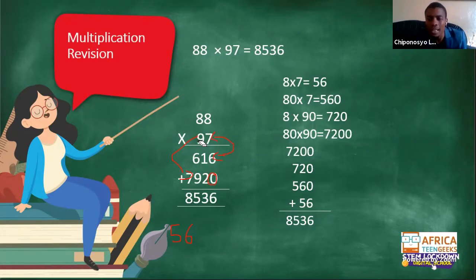We are working with a whole 10, an entire 10, something that is in the tens place. It's 90. 90 has a 9 and a 0. So I'm going to put 0 here at the end as my placeholder.